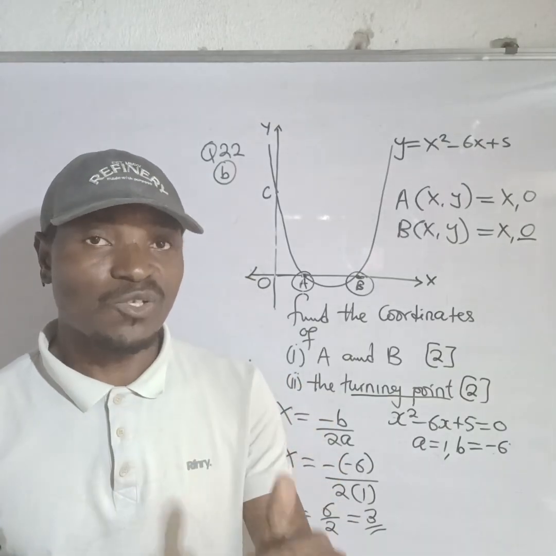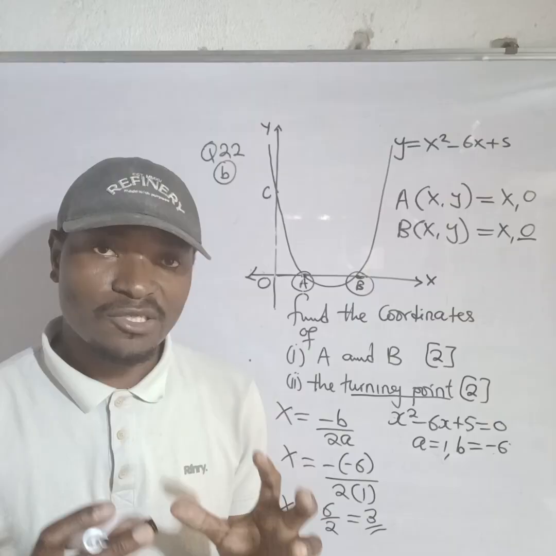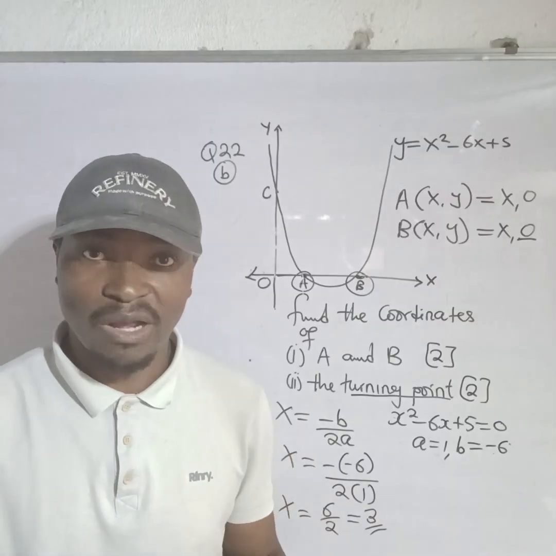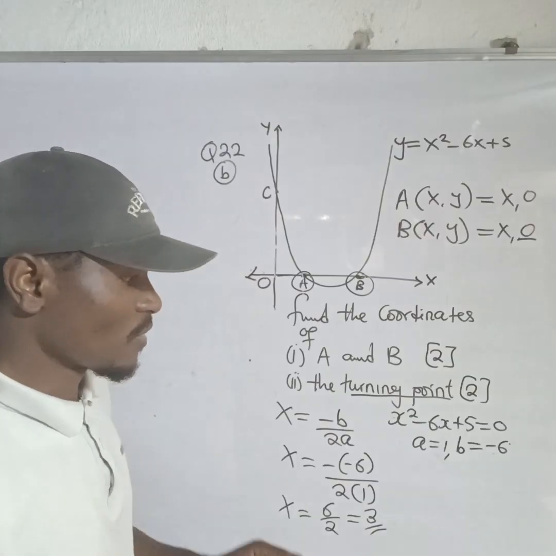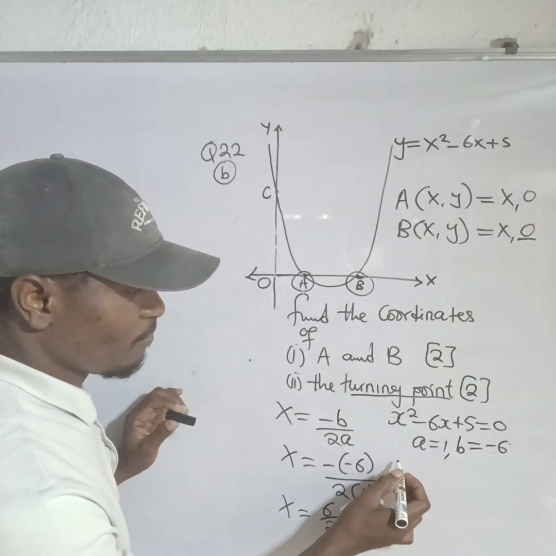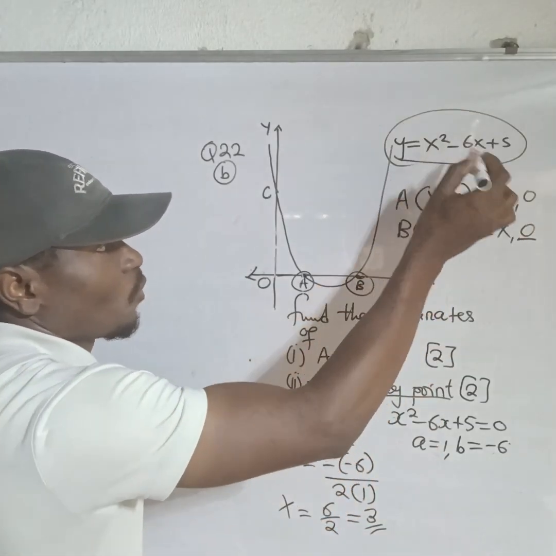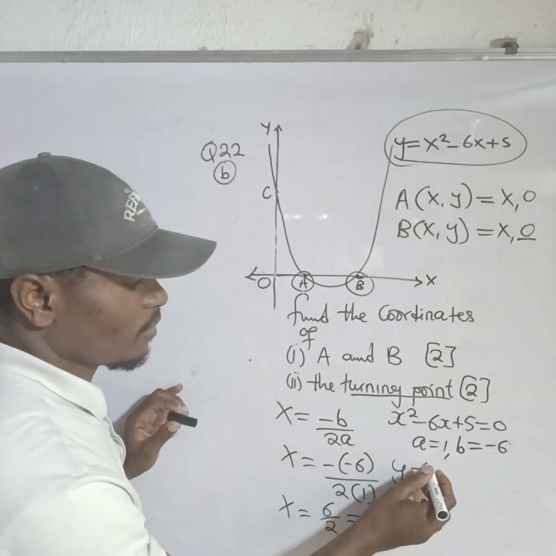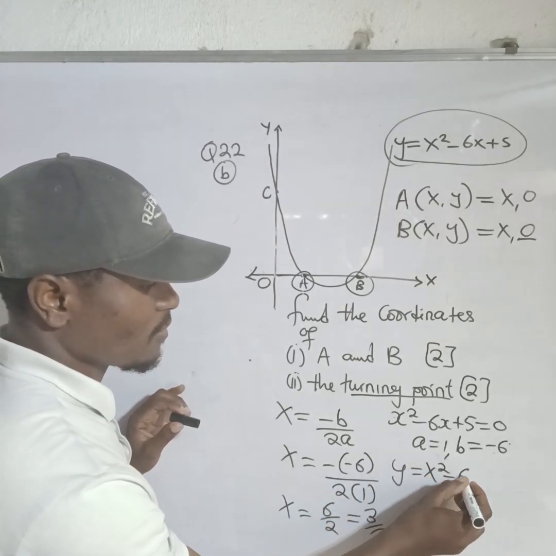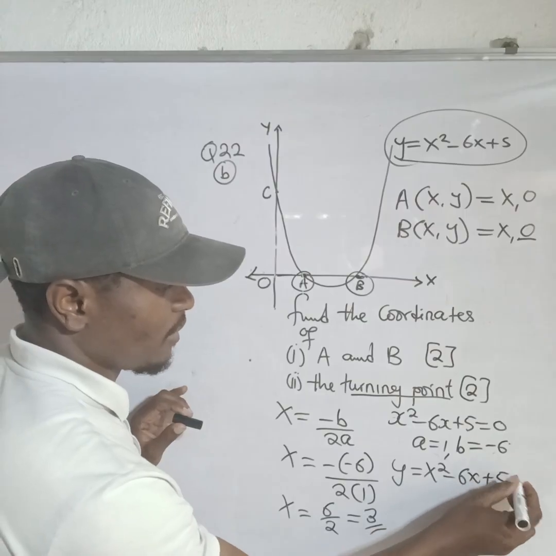Now once we find the coordinate of x, we need to find the corresponding value in terms of y. So how do we find that? We are going to find y by using this equation: y is equal to x squared minus 6x plus 5.